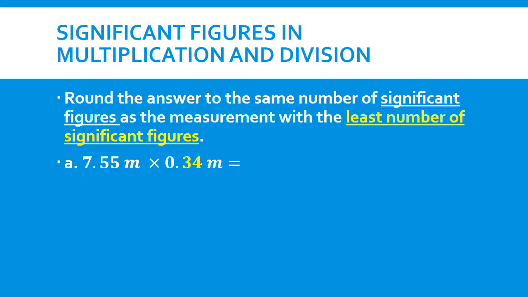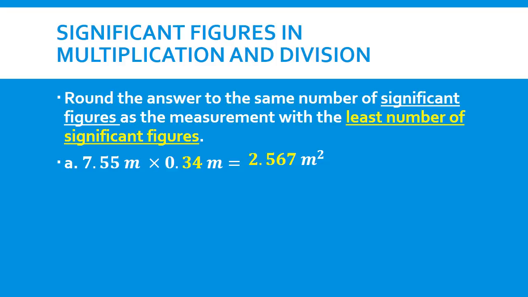So we have 7.55 by 0.34. In this 7.55, we have 3 significant figures. Here we have 2 significant figures. So this limits how many significant figures we have. Our answer can only be given to 2 significant figures.